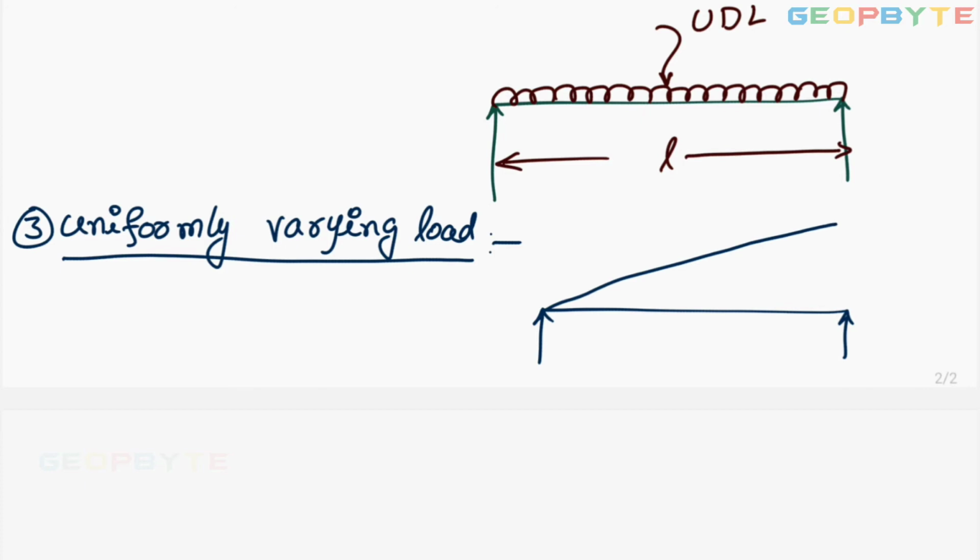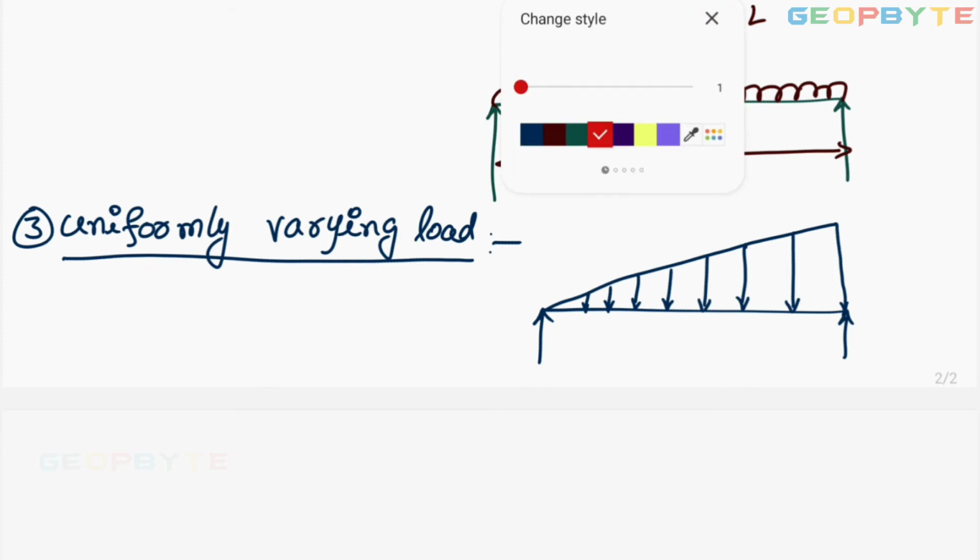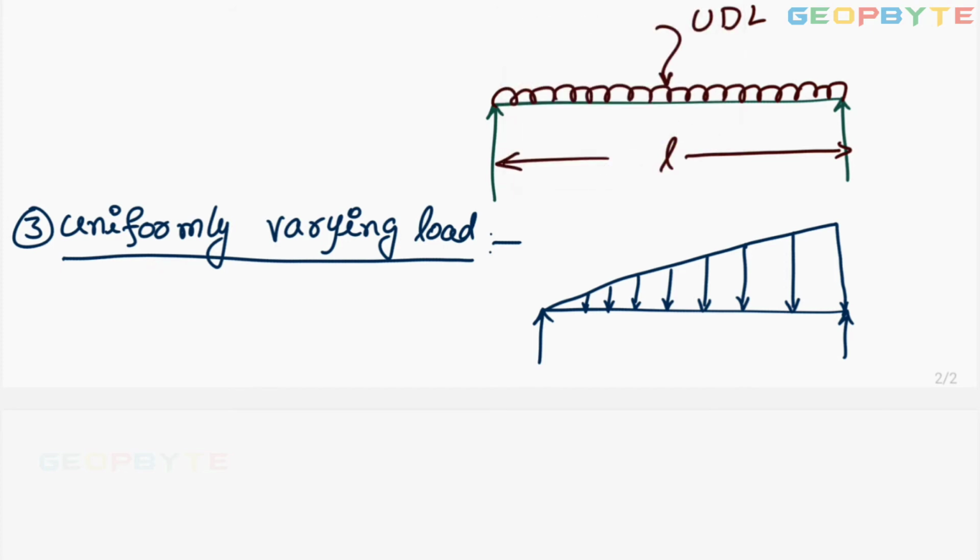The variation may be like this. This is how the load may be uniformly varying from one end to the other end. This uniformly varying load may also be called a triangular load because the load representation looks like a triangle. This is the representation of UVL, uniformly varying load.